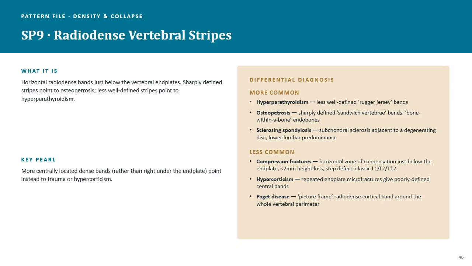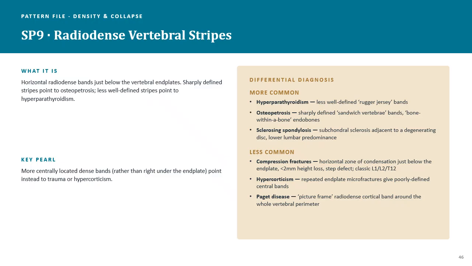We can also see some of these dense bands after the patient has some type of compression fracture. When the vertebrae is compressed, the bone gets packed together at that injury site, and it creates a wider area, and that wider area is called the zone of condensation.